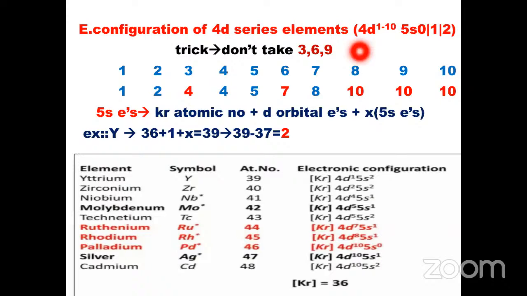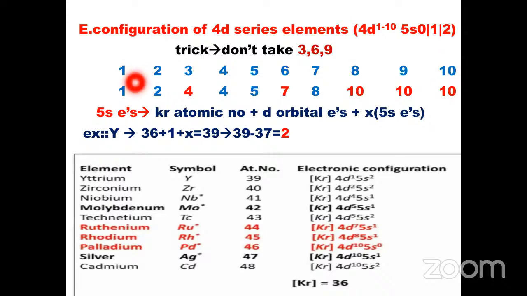Okay, the general electronic configuration of the 4d series elements is 4d 1 to 10 and 5s 0, 1 or 2. Okay, here also a trick: don't take 3, 6, 9 while you are filling the orbitals of the 4d series of elements. Same as usual, you will take numbers from 1 to 10.